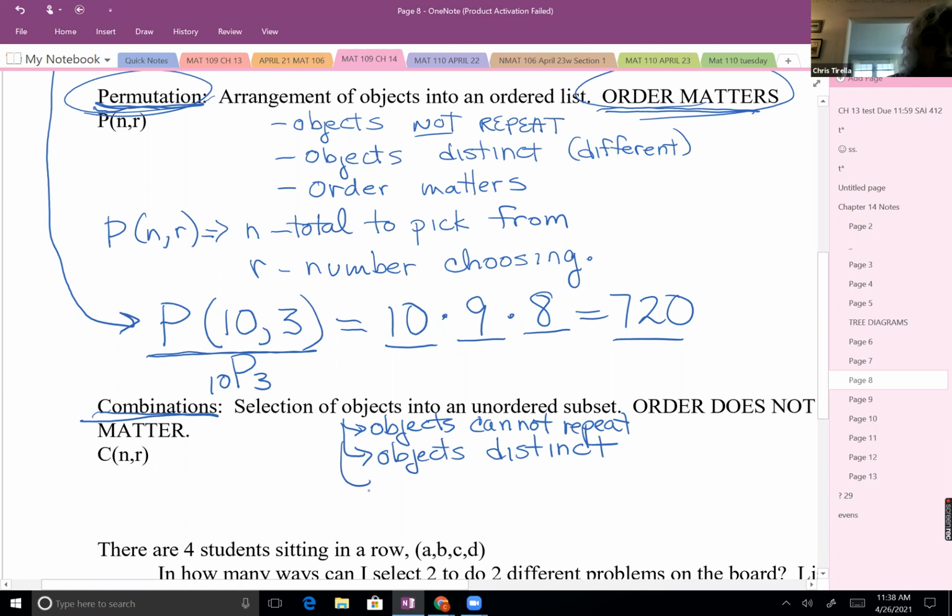And with these, order does not matter. For combinations, we'll use C. The first number is how many we have to pick from. And the second number tells us how many we're choosing.